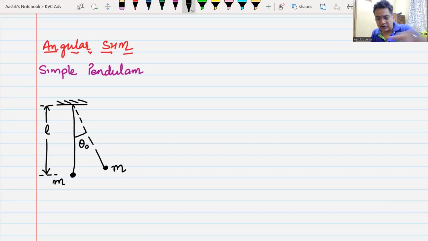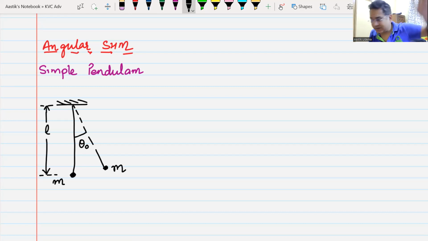If this angle is small, this bob is going to execute very closely simple harmonic motion. Now this type of simple harmonic motion where the body is moving in a circular path or rotating about a point, that is known as angular SHM. Do we understand this?